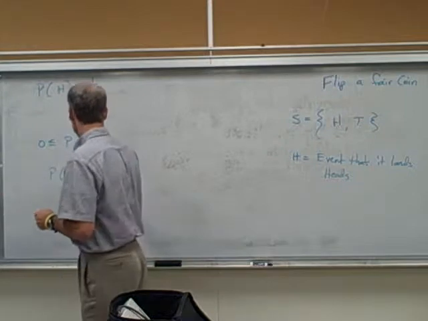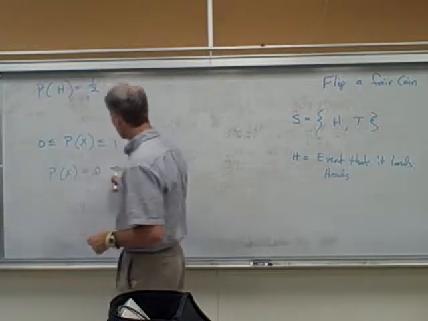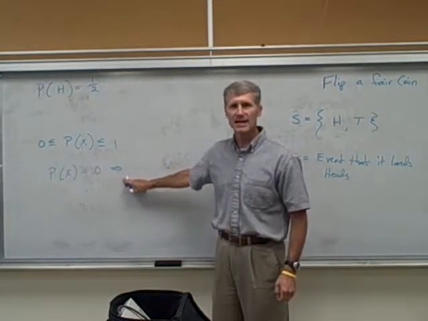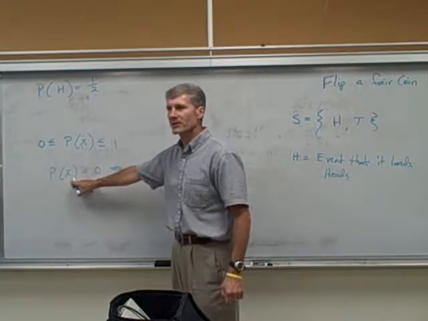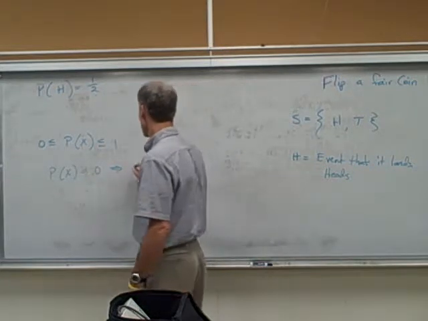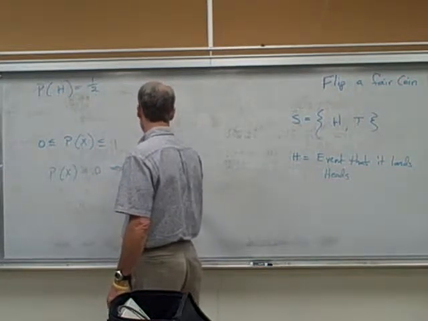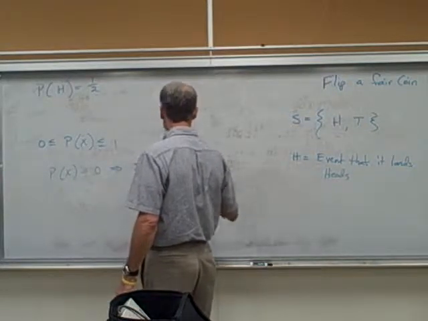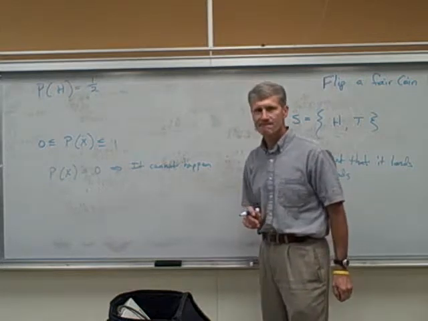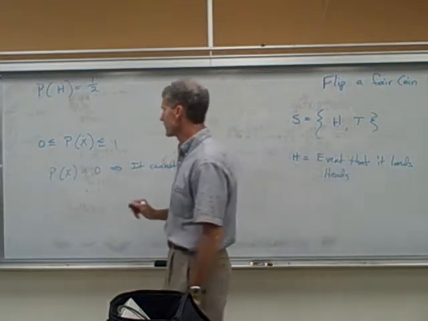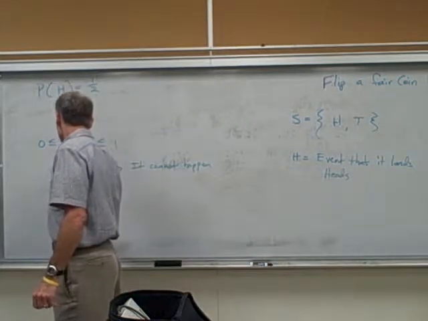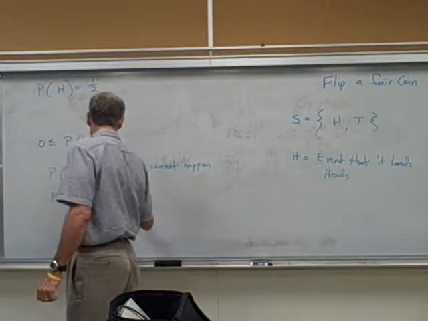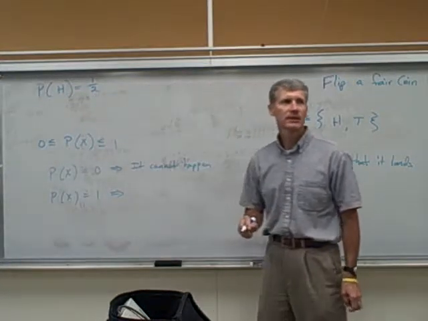Not going to happen. So this little arrow means implies. Probability of something equals 0 implies it cannot happen, or will not happen. Probability of 1, it's certain to happen.